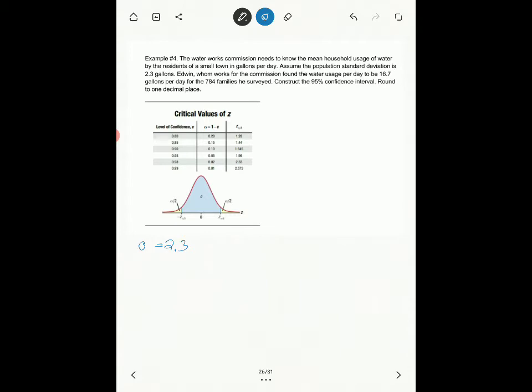Edwin, who works for the commission, found the water usage per day to be 16.7 gallons per day, so our mean is 16.7. For the 784 families he surveyed, our n is 784. Construct a 95% confidence interval to one decimal place.